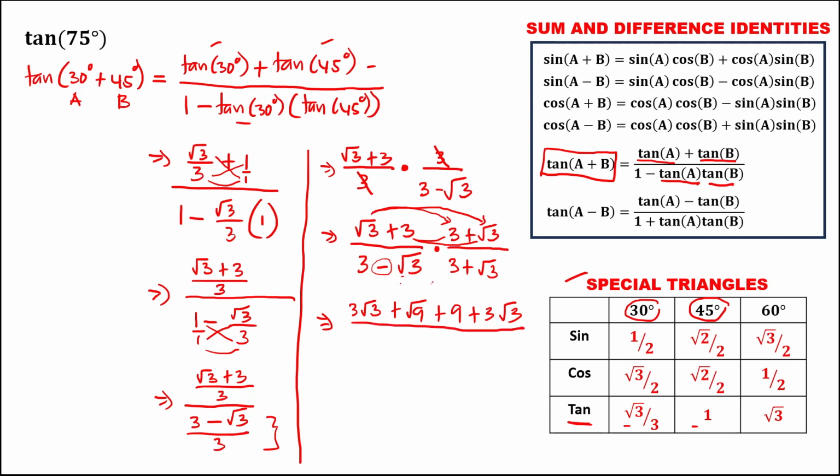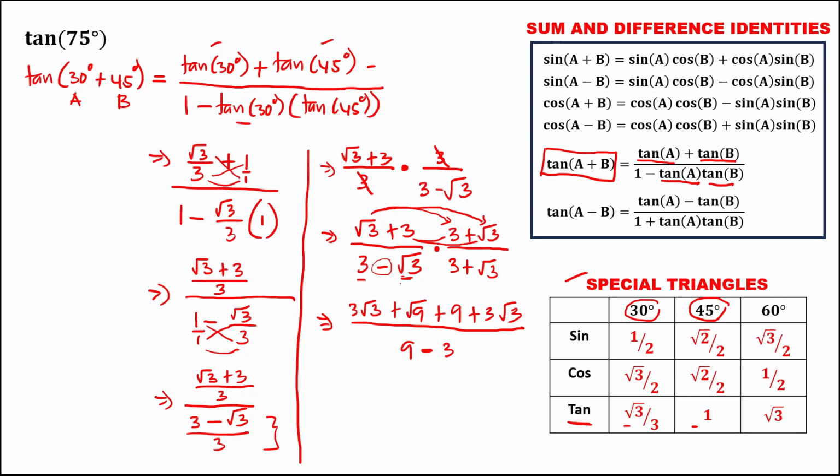Since this one is a conjugate, just take the square of the first term, so the square of 3 is 9, minus the square of the second term, the square of square root of 3, so just cancel the square root.